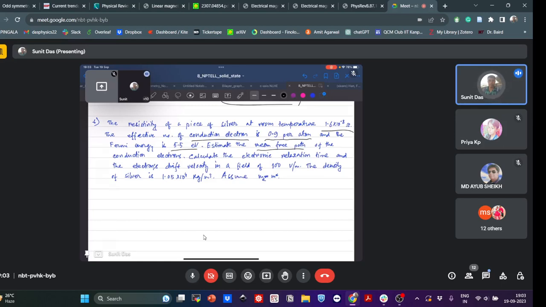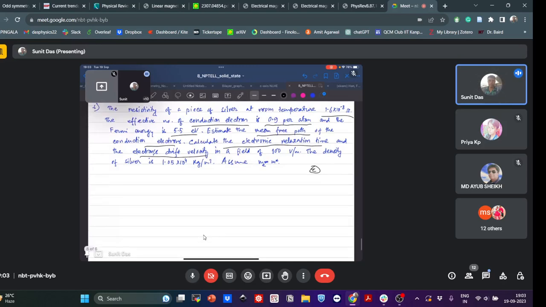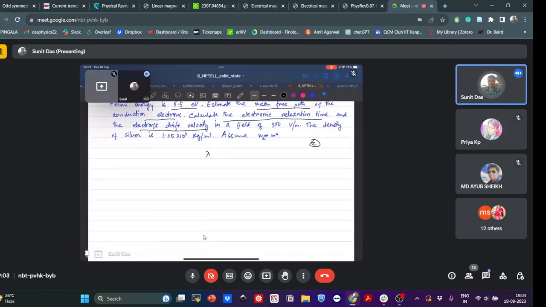Estimate the mean free path of the conduction electrons and calculate the electronic relaxation time, which is basically tau, and also the electron's drift velocity. So three things we need to find: number one is lambda, the mean free path; then electronic relaxation time, or time between two collisions; and drift velocity.